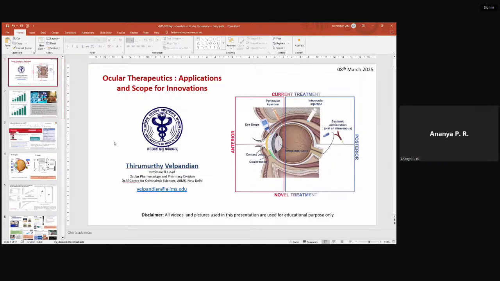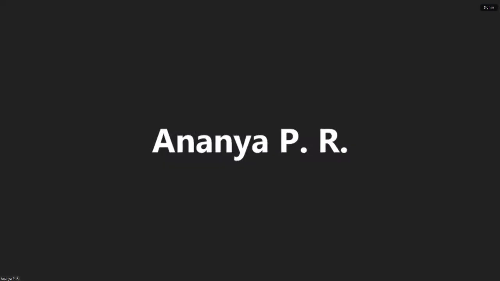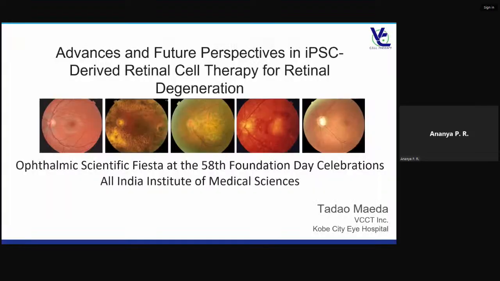I now request Professor Tadao Maeda to come over. Sir is a distinguished research development manager with over 20 years of experience in the biotechnology industry and academia, specializing in retinal regenerative medicine. With extensive expertise in ophthalmology and molecular biology, he has made significant contributions to the development and clinical application of iPSC-based therapies for retinal degeneration, including ARMD and retinitis pigmentosa.